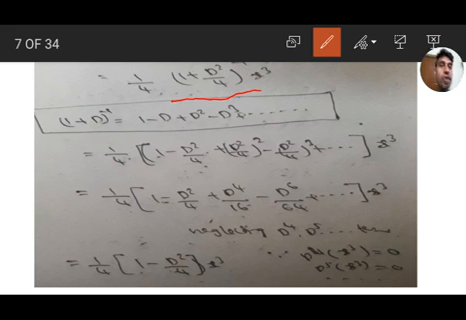We know the formula (1 + d)^(−1) = 1 − d + d² − d³ + and so on. Instead of d we have here d² by 4.